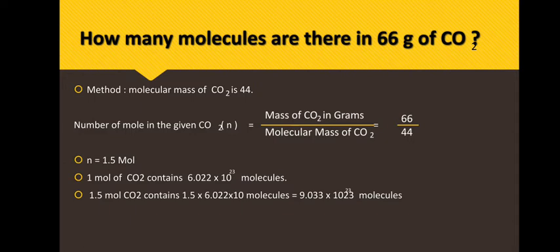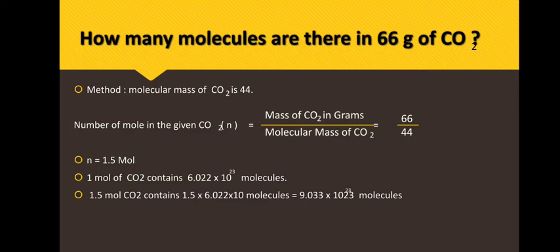Once you multiply that, first you can do 6 into 1.5, so that will be around 9.033 into 10 raised to the power 23 molecules. Followed, students, what is done? We have calculated the number of molecules in 66 gram of carbon dioxide.